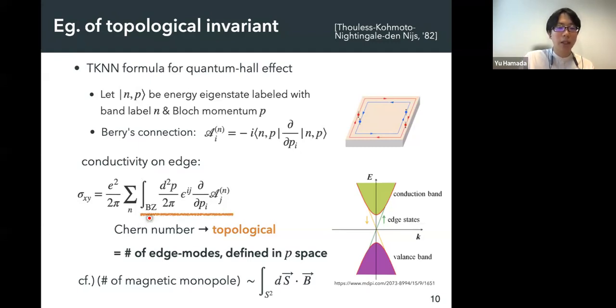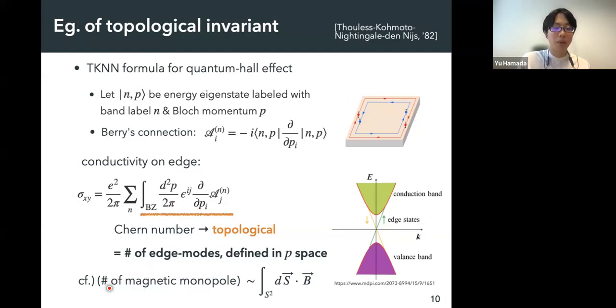And actually, this is equal to the number of the edge modes, and it is proportional to the number of the edge modes flowing on the edge of the material. This is very analogous to the topological invariant of the number of magnetic monopoles.